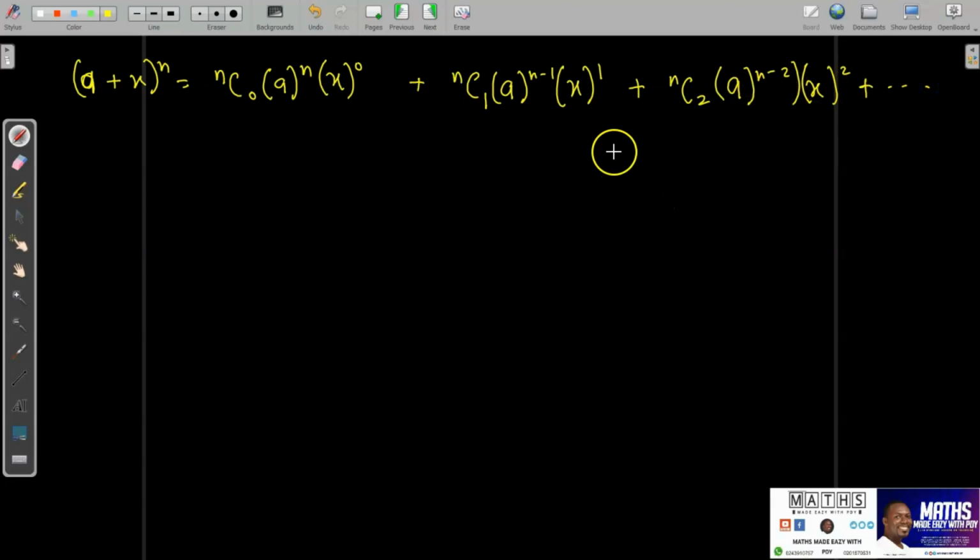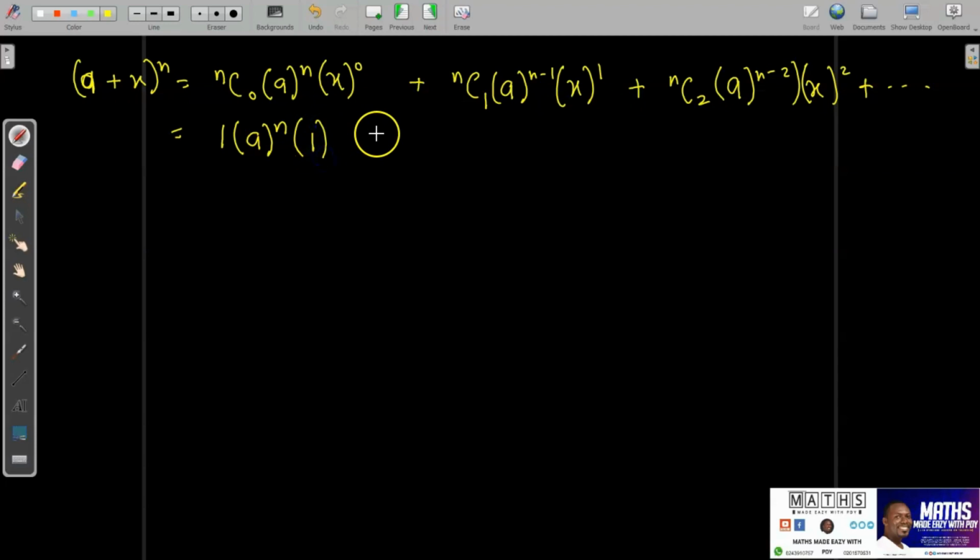Let me just end here. I don't want us to go so far. So we've learned today that n combination 0 is the same as what? 1. Then we have a to the power n. This is a variable, so a to the power n is the same as a to the power n. But x to the power 0 will be given as 1.